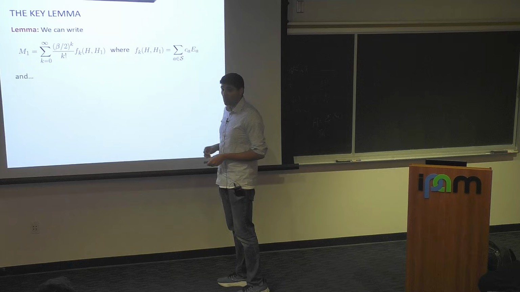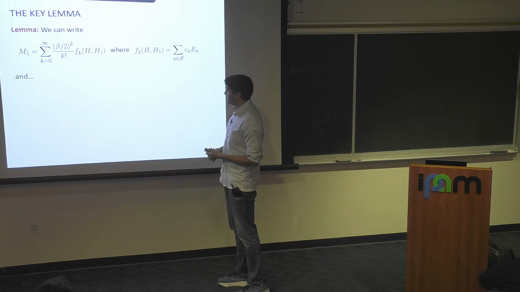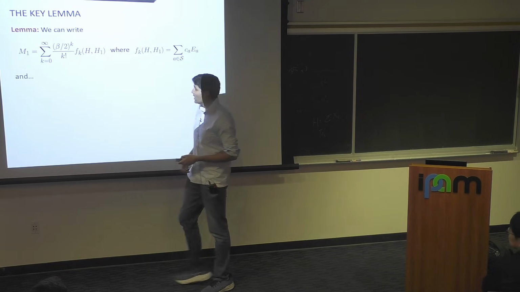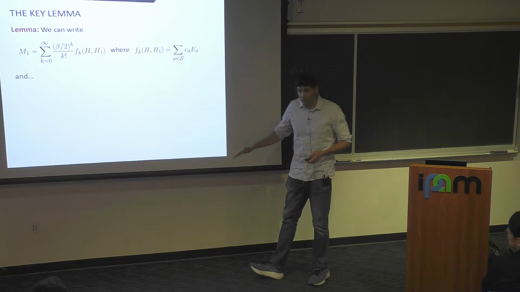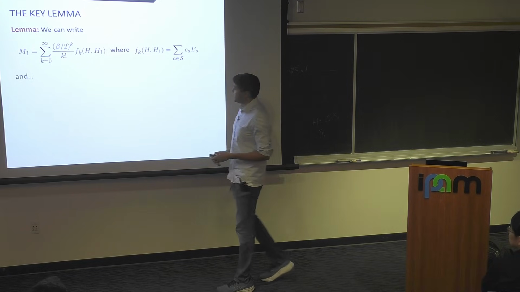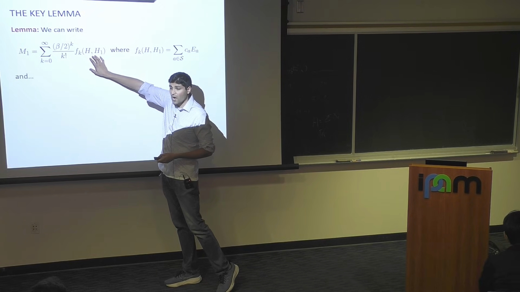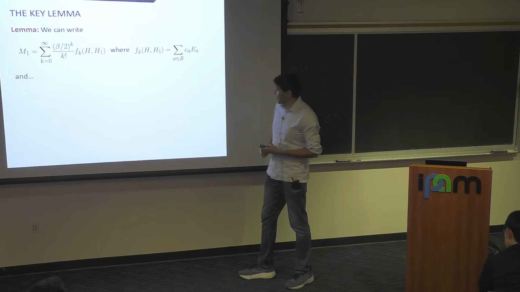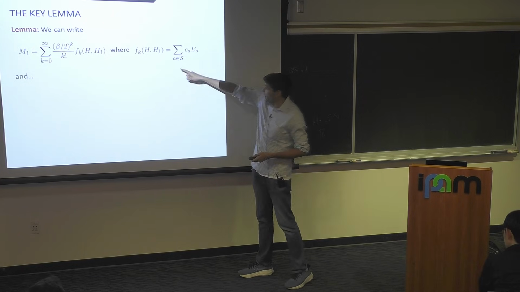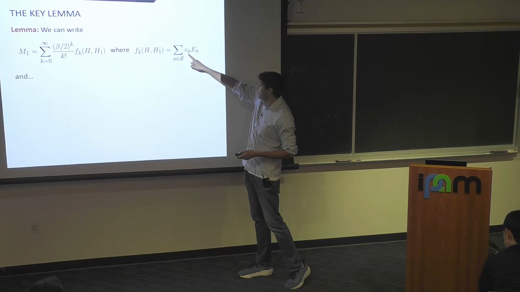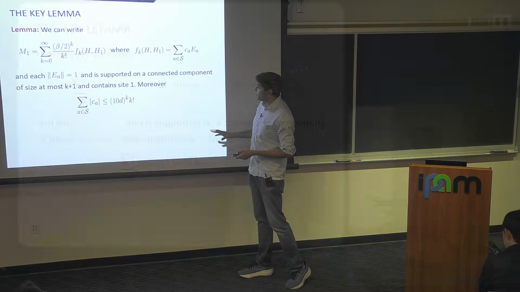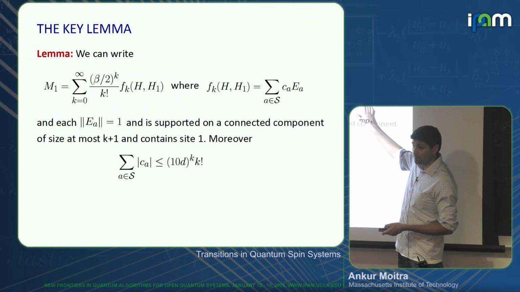So I defined what M1 is, this extraction operator. And the point is that you can write it in a series expansion where you've got coefficients that are decaying for small beta because they're getting smaller and smaller exponentially. But then you've got these matrix words, like polynomials in H and H1. And these F_k's you can write as a linear combination of Pauli operators, tensors of Paulis. But the important thing is that these coefficients are small.